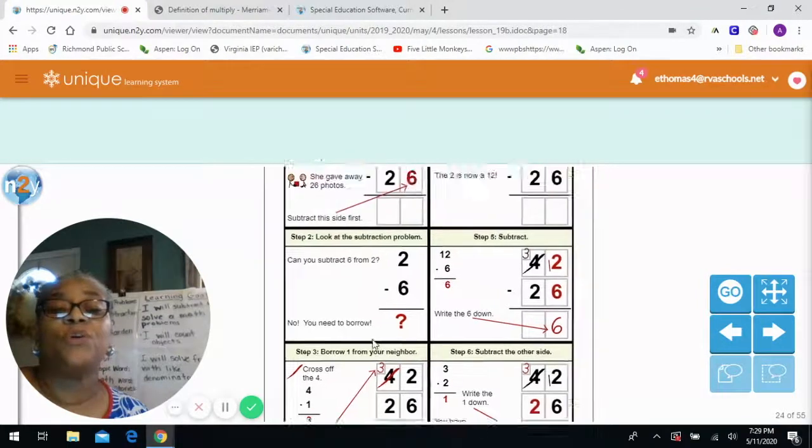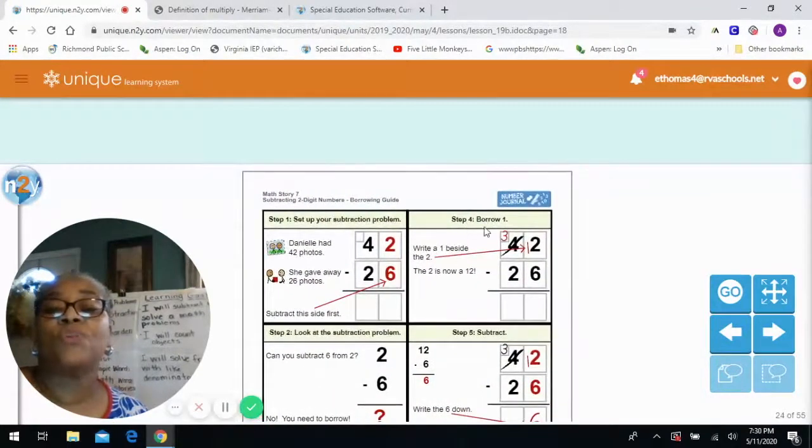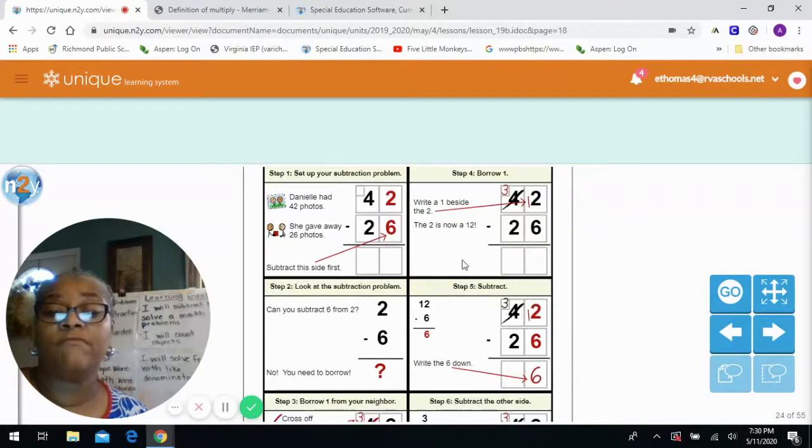Alrighty? So then we're going to go to step number 4. So we borrowed the 1 and we gave that 1 over to the ones place, over to the 2. So now it becomes a 12. So now can we subtract 6 from 12? Yes. So 6 from 12 is what? 6.